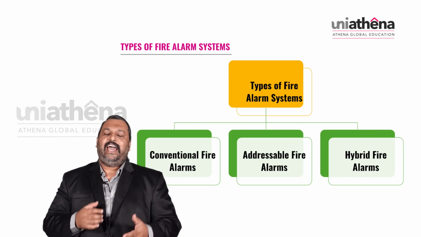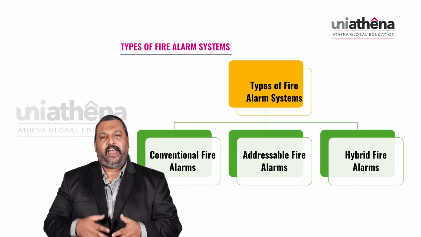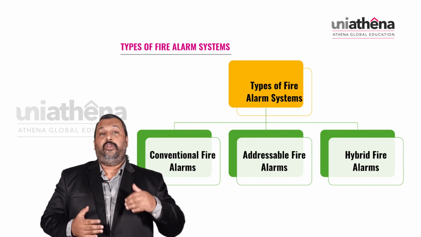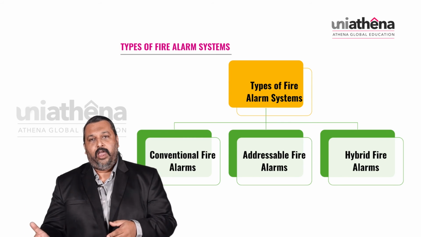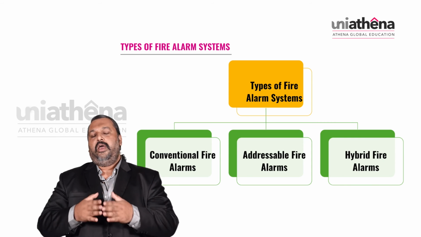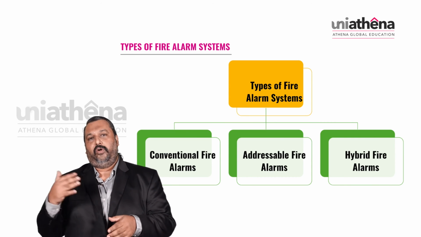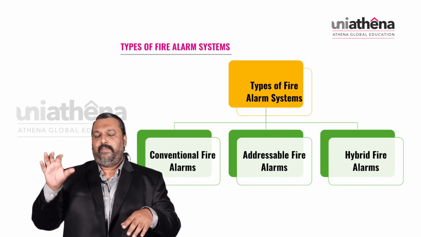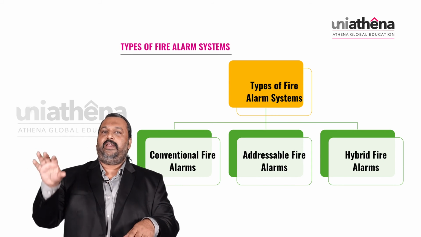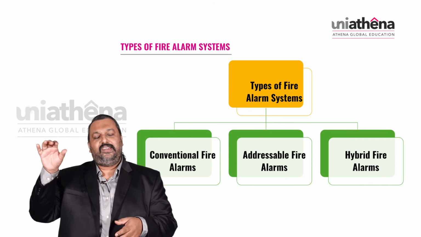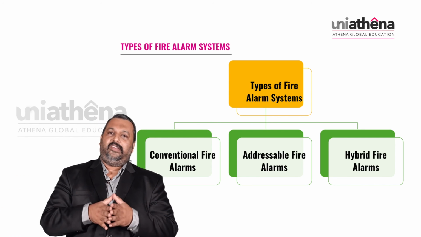Now, what are the types of fire alarm systems? As we discussed earlier, you have the conventional fire alarm system or the non-addressable fire alarm system, where the exact location may not be identified, only the region where it is happening will be notified. In an addressable fire system, you will specifically be notified that this equipment is on fire, or this is the exact spot in which the fire is happening.